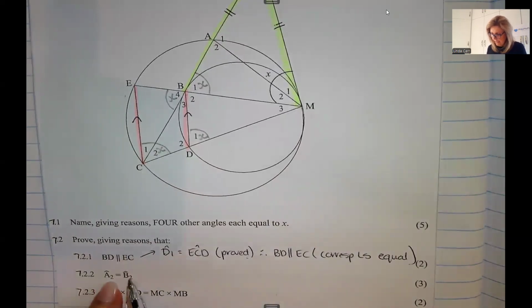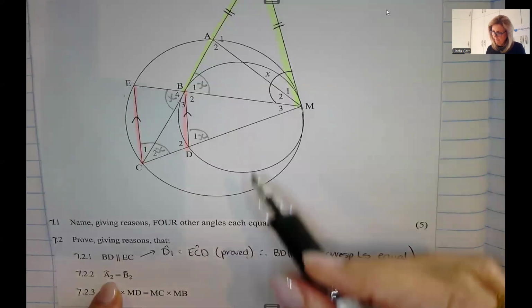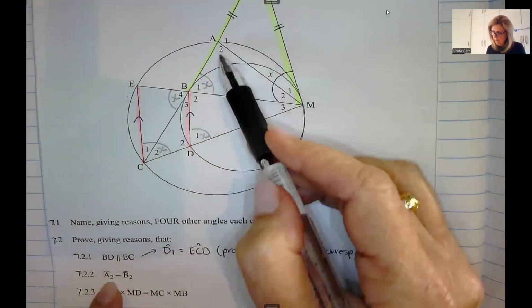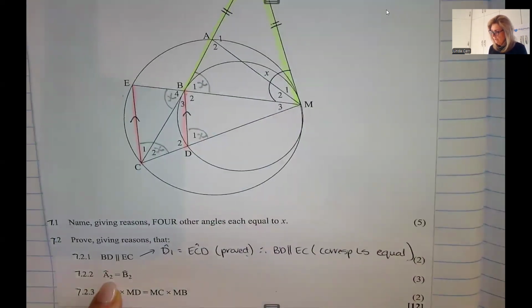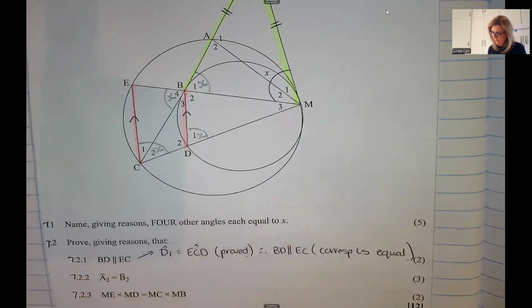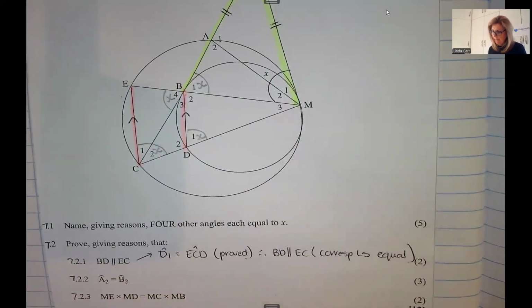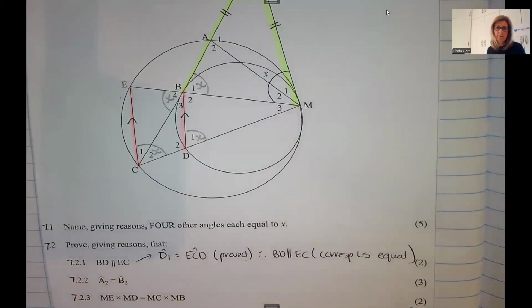Prove that angle A2 is equal to angle B2. Okay, there sits A2, there sits B2, and it's for 3 marks. Okay, so I think I want to find a missing link.